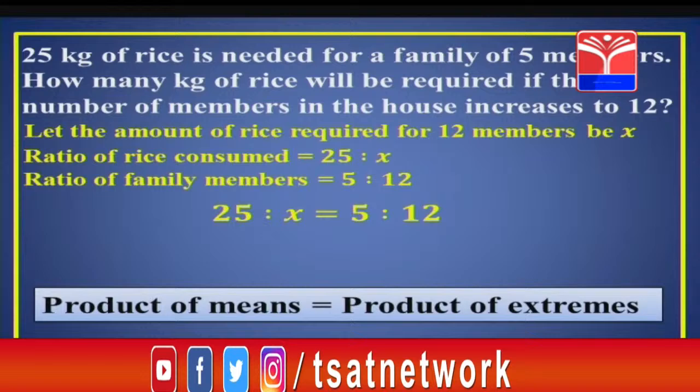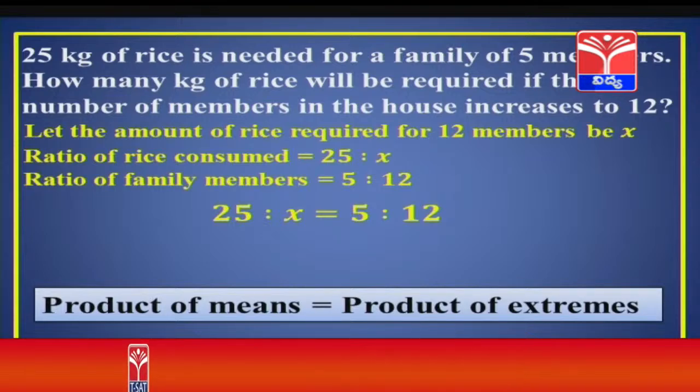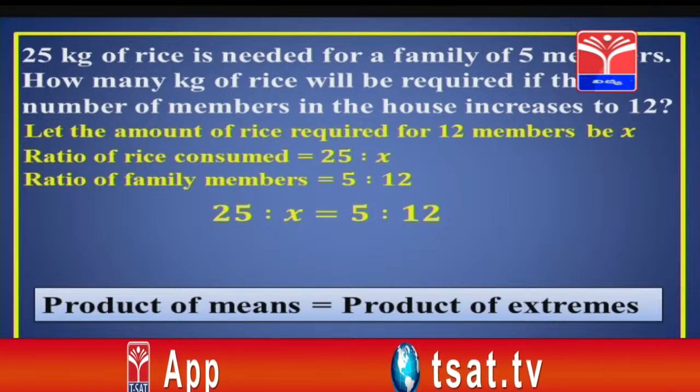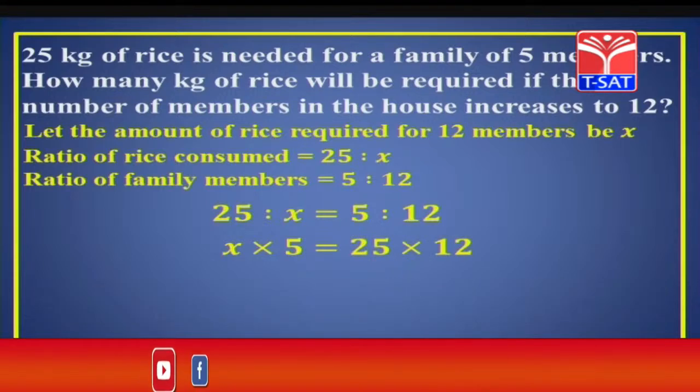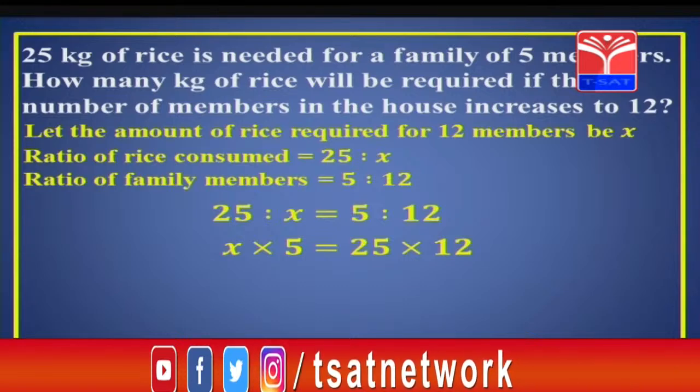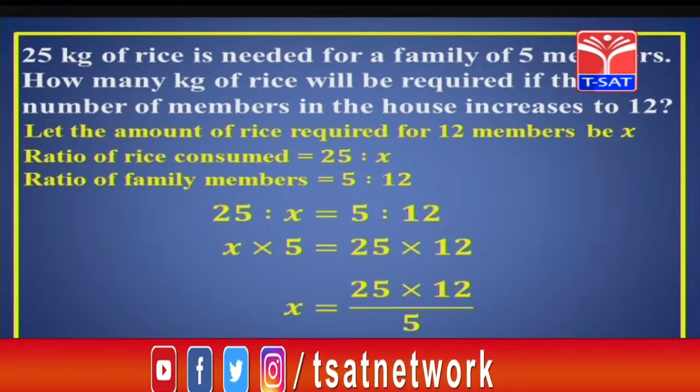So, children, when 4 quantities are in proportion, what have we learnt? Yes, the product of means is equal to the product of extremes. That means, x into 5, that is the means, equals 25 into 12, that is the product of extremes. What is the value of x, children?